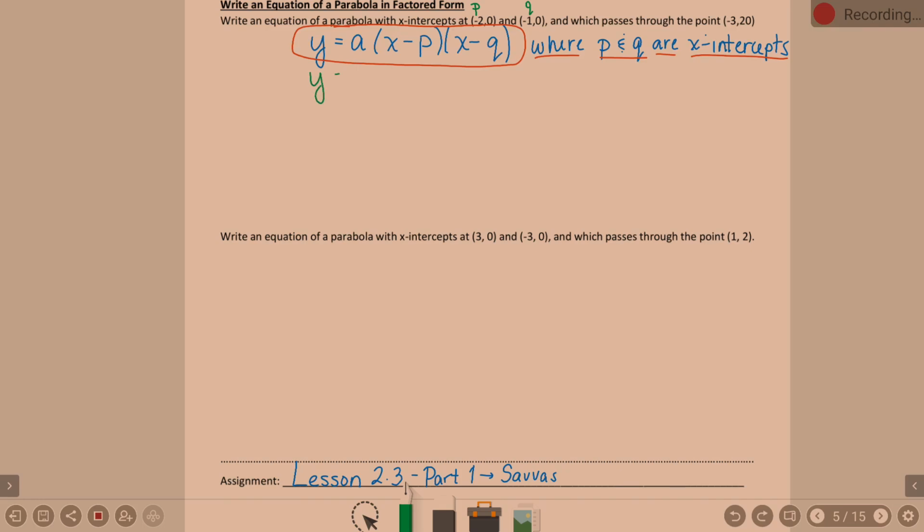Y equals A times x minus -2 times x minus -1. Now, be smart. What do you know about minus -2 and minus -1? They're pluses, right?